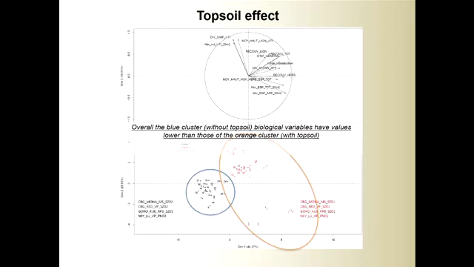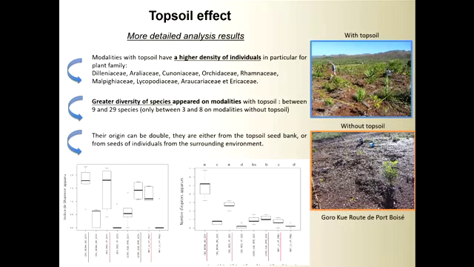Finally, the projection of the different studied plots clearly indicated the effect of the topsoil, as the blue cluster biological variables that represent zones without topsoil have values lower than those of the orange cluster that represent zones with the topsoil. A more detailed analysis permitted to highlight that whatever the considered variable, the modalities with topsoil always have a higher value, here represented in red each time.